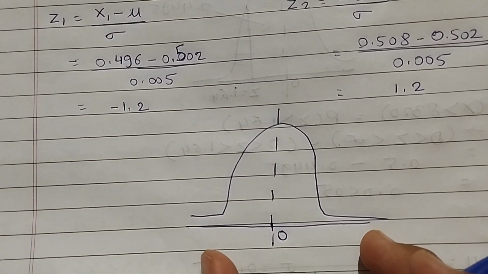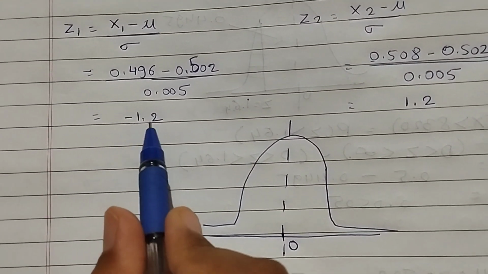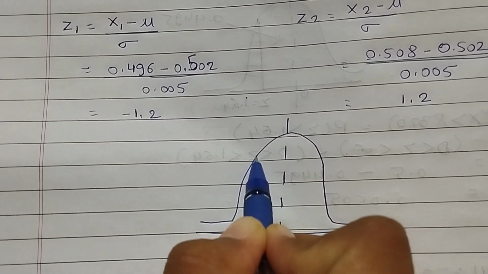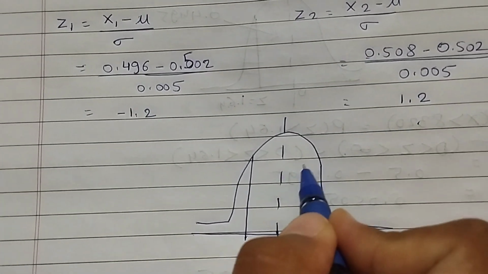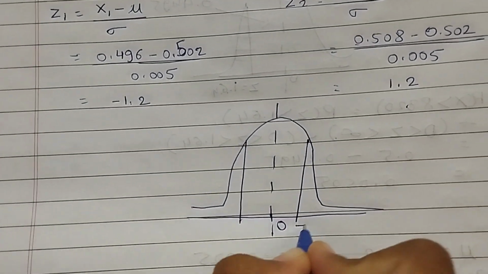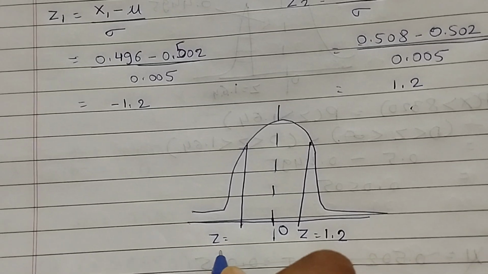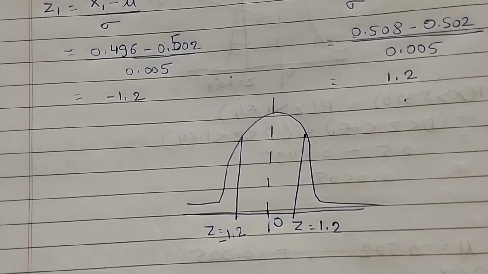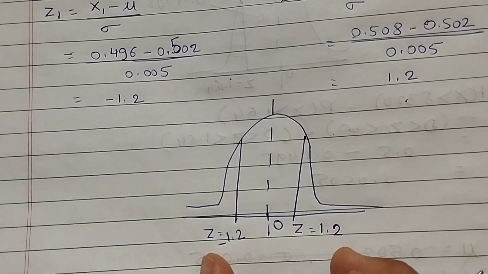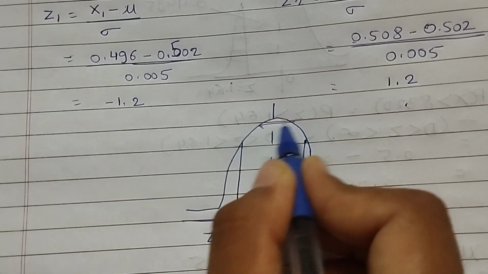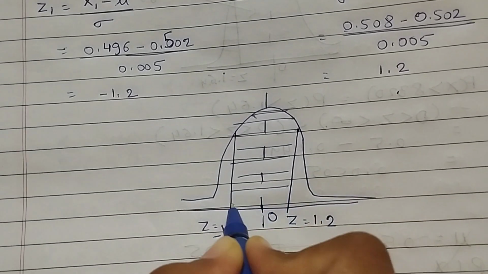So minus 1.2 is drawn on the left side, and positive 1.2 on the right side. We want to find the portion between these two values. This is the portion we want to find.